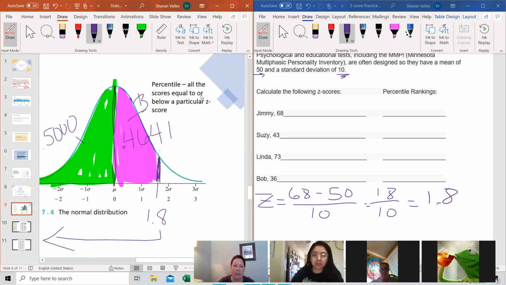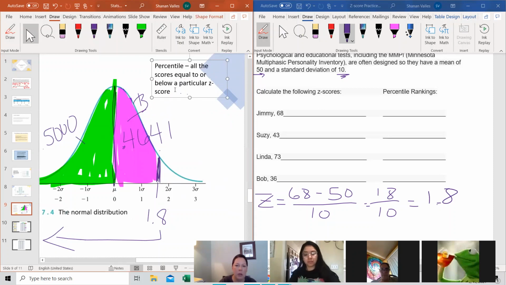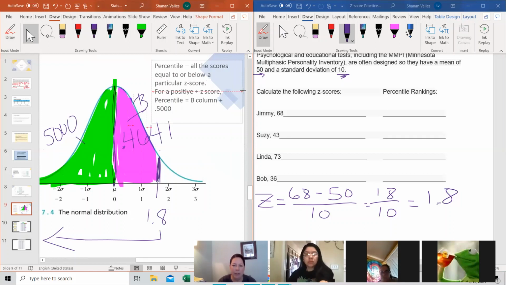So I'm going to go back to this real quick. For a positive Z-score, percentile equals B column plus 0.5000. Always and forever.